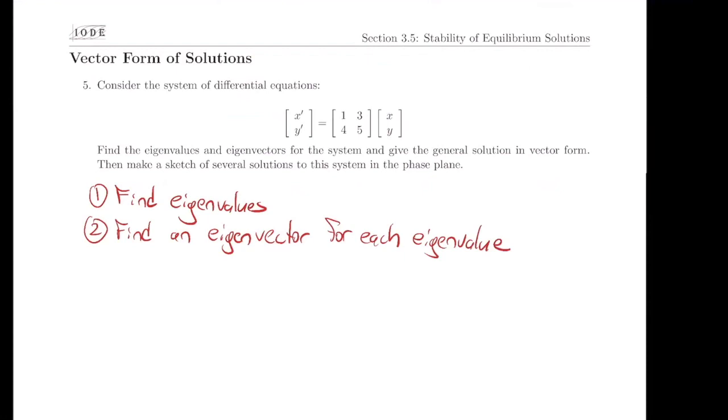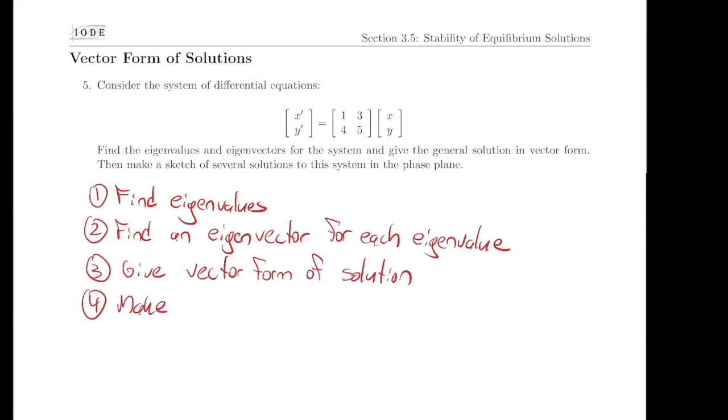Once you have those two bits of information, you can give a vector form of the general solution. And then we can make a phase plane sketch. Any questions on the task here before I set up breakout rooms?